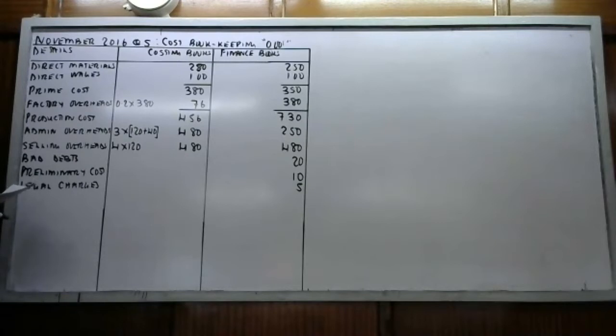Interest received, we will also put down there. So we have cost of finished goods, or rather let's call it total costs. First let us leave these others. They will come after the profit.